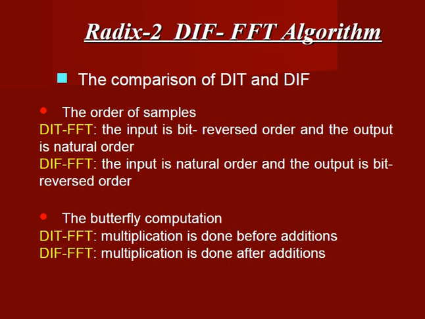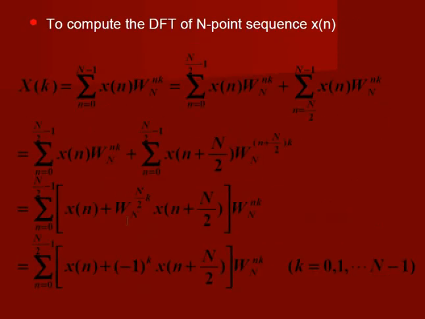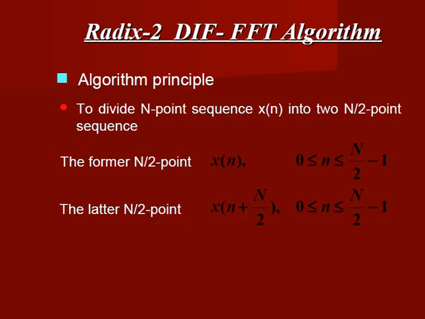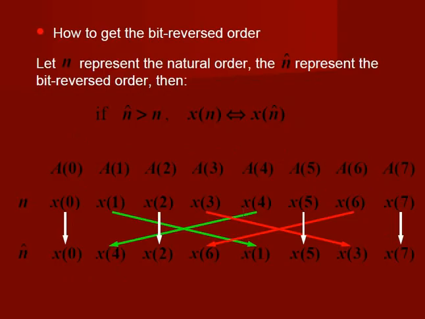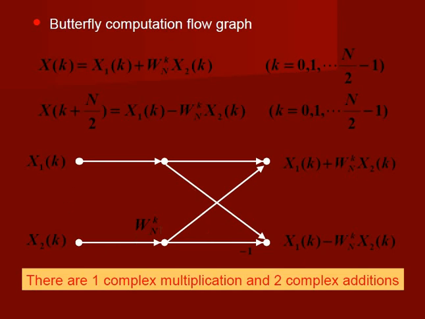And in butterfly computation, as I have already shown you, here in DIF the twiddle factor is multiplied after the creation of the butterfly. That means after this minus this, the total is multiplied with Wn. And if you check the butterfly of DIT, Wkn is multiplied with x2, the lower part.